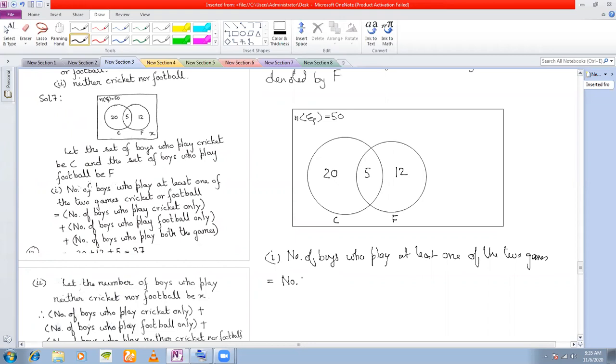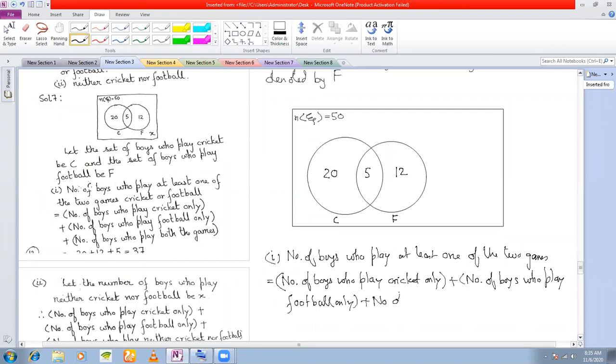At least one of the two means either this or both. So the number of boys who play at least one of the two games will be the number of boys who play cricket only plus the number who play football only plus the number who play both.